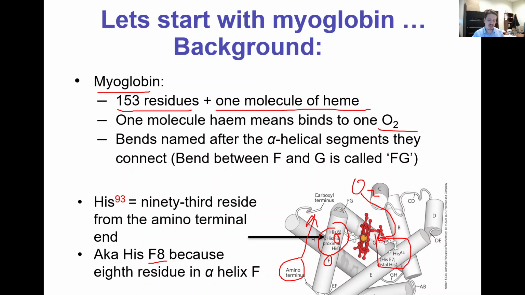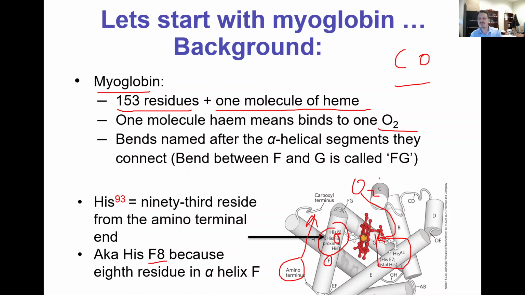Remember, this ion really likes to bind to transition metals in general. This ion really likes to bind to oxygen, but also to other things, such as CO, carbon monoxide. And that's going to be no good, because while it's bound to CO, it's not bound to oxygen. We want it to be bound to oxygen. We don't want it to be blocked by binding to CO. That will cause suffocation. We don't want that.